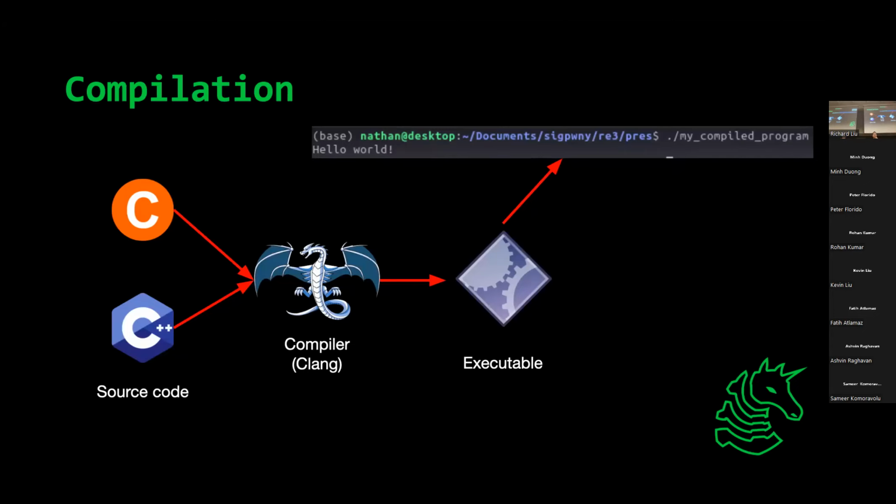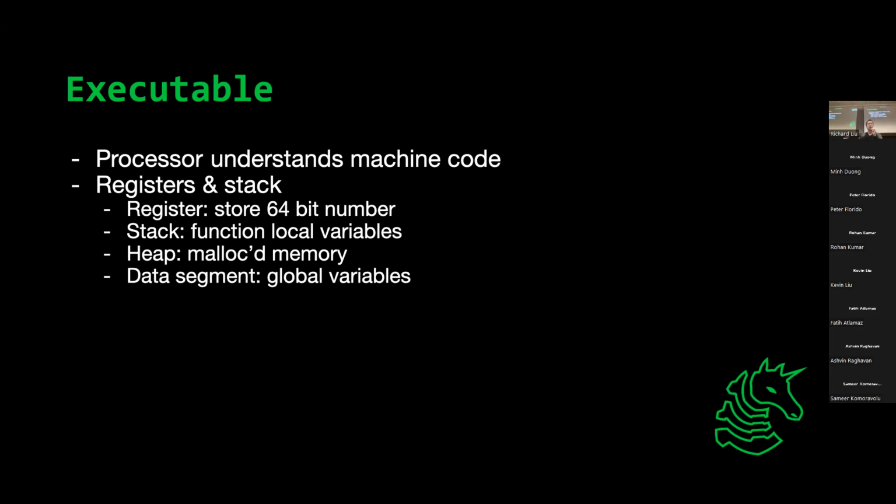Your computer cannot read the original C or C++ source code because that's in a text format. It's designed for you to program in. What your computer interprets is the machine code, which is usually displayed through assembly. So the executable, again, the processor understands machine code, not C code. So that's why we need to mess with it.